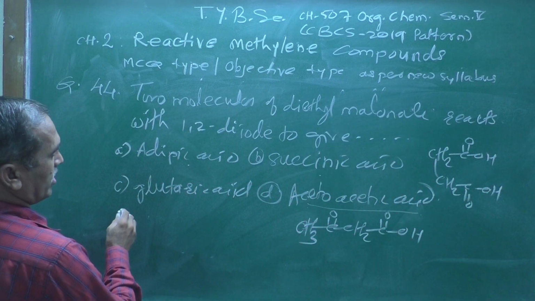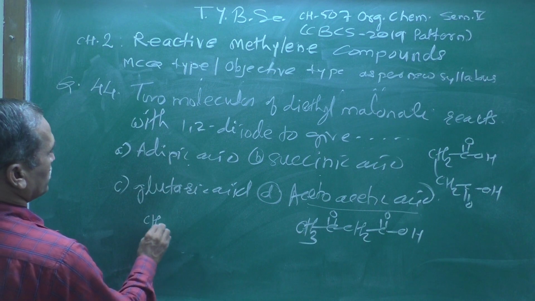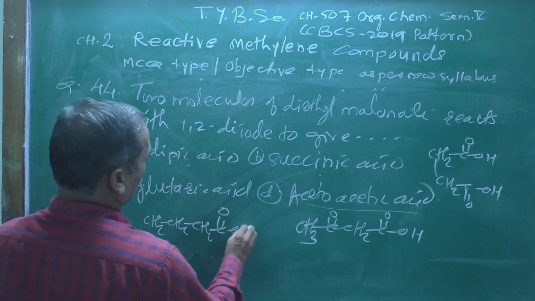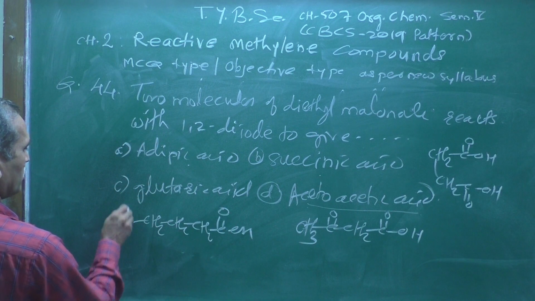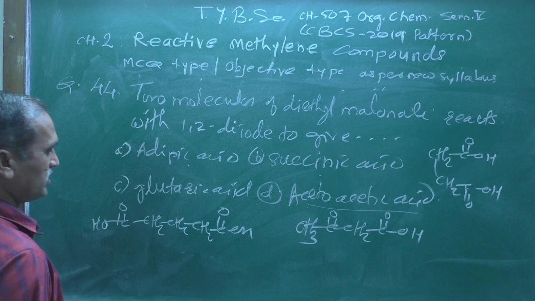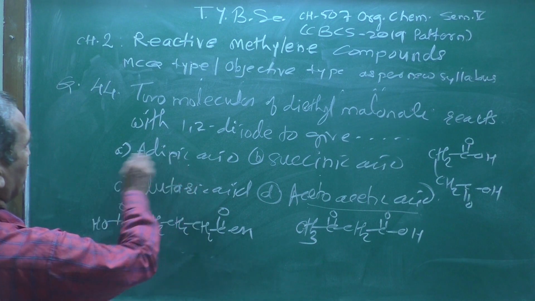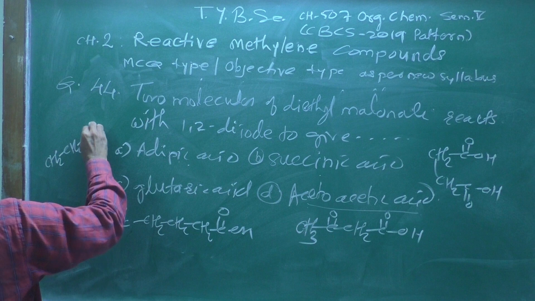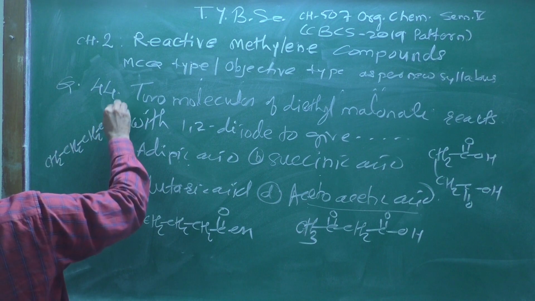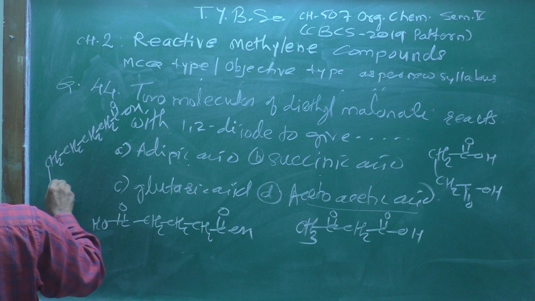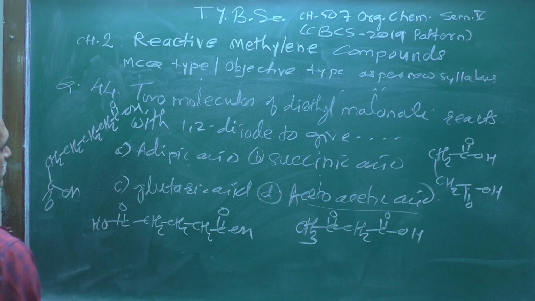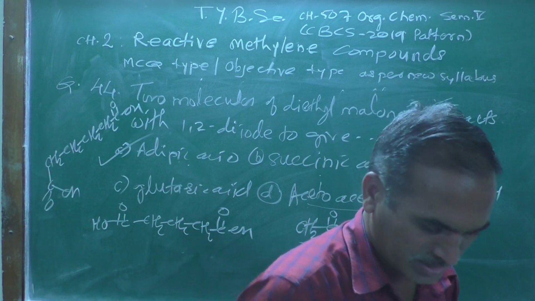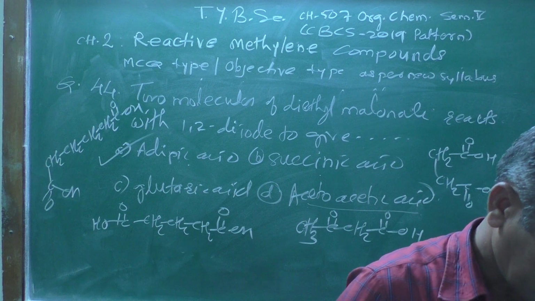In glutaric acid, there will be 3 CH2 groups in between. This is a dicarboxylic acid, with C double bond O, OH at both ends. And in adipic acid, there are 4 CH2 groups present between the two carboxylic groups. So adipic acid would be the right answer for this question.